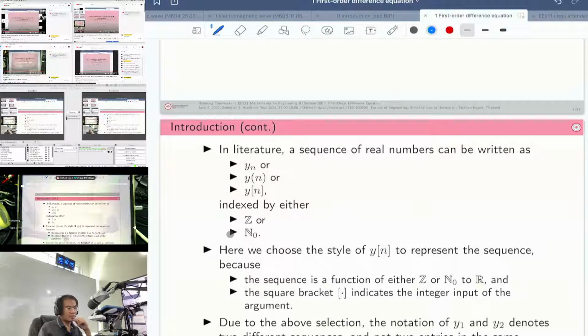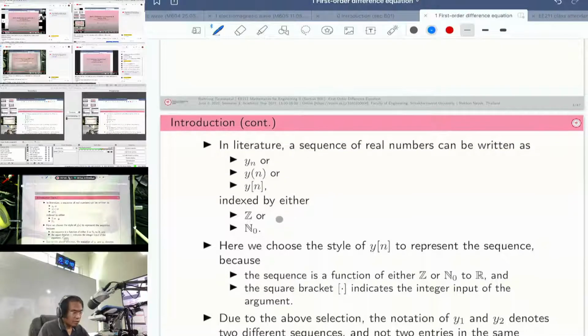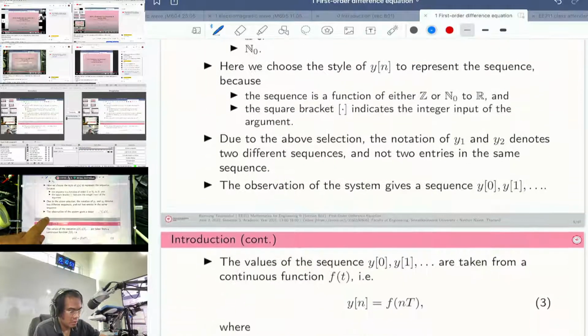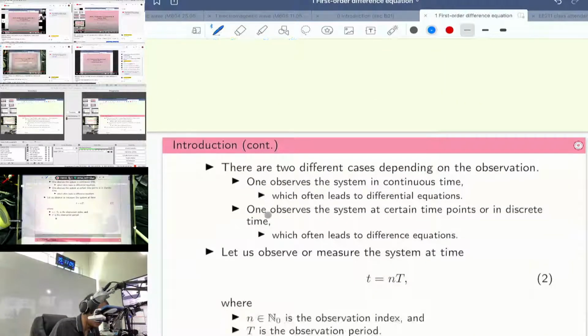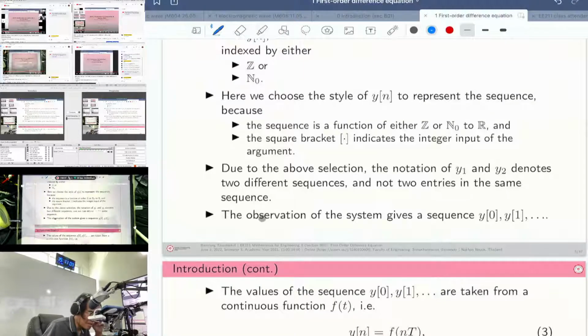Let's move to the next thing. The sequence of real numbers can be written as y_n, y with parenthesis n, y with square bracket n, and it is indexed by Z or N0. Here we choose the style of y[n] to represent the sequence because the sequence is a function of either Z, N0, or R. The square bracket indicates the integer input of the argument.